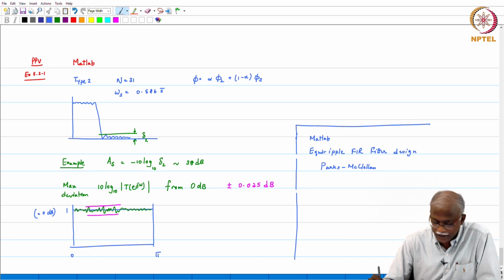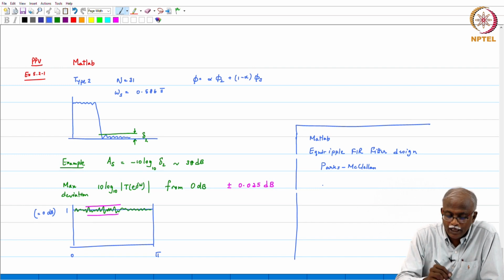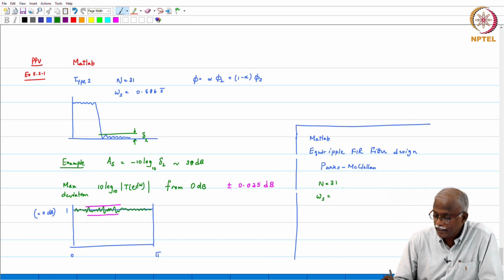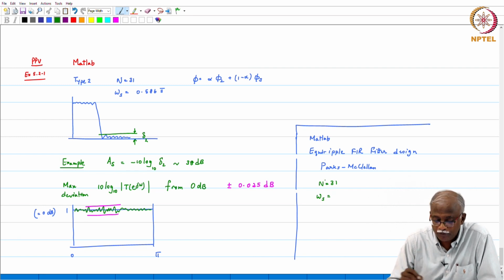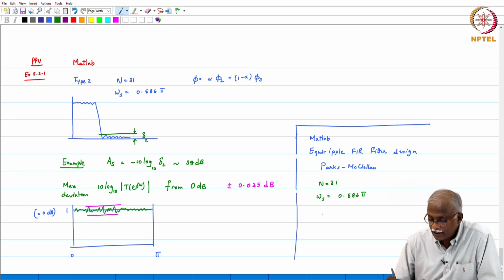Please see what is the condition that we can achieve if you pose the constraint on this, where the filter length is equal to 31 and omega s is the same as before, 0.586 pi, and what is the best value of the stop band attenuation that you can get.